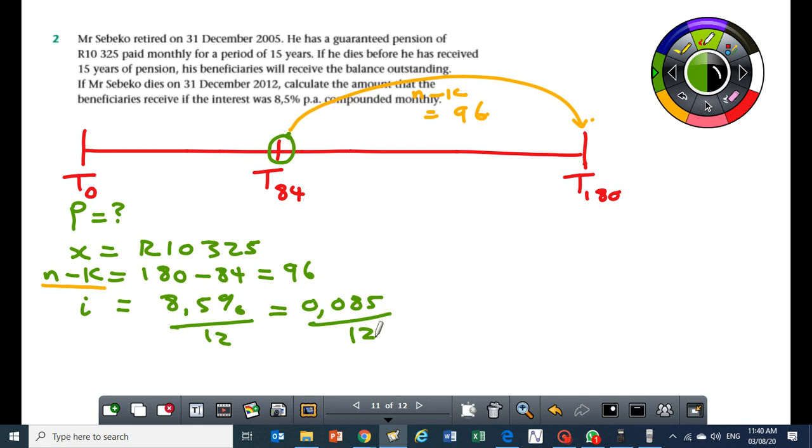Okay, so we need to calculate that balance outstanding. So first thing, you write your formula.